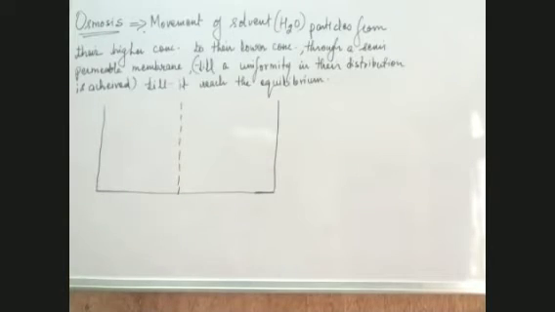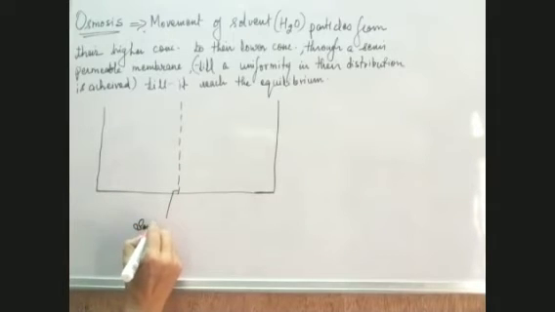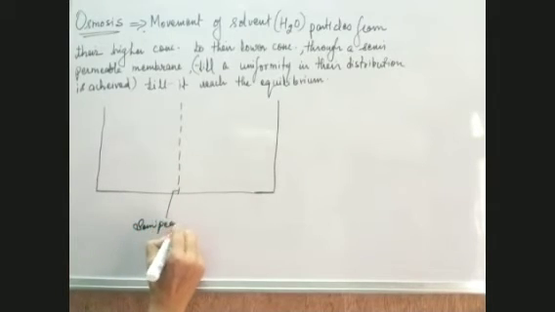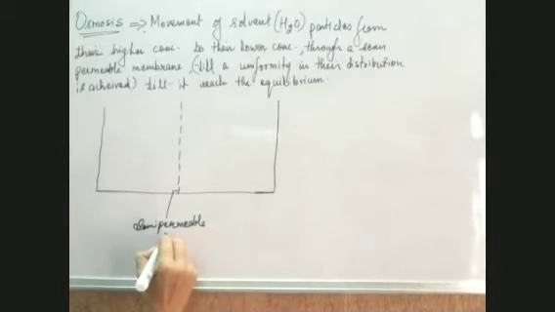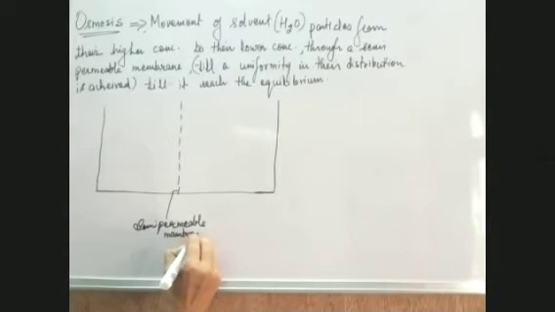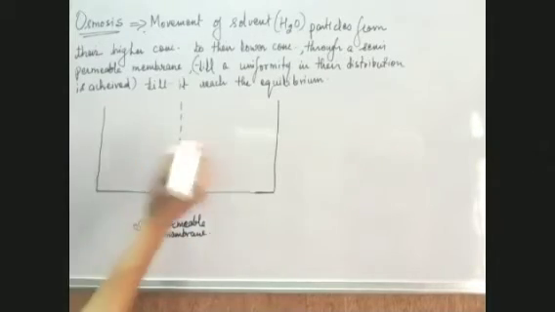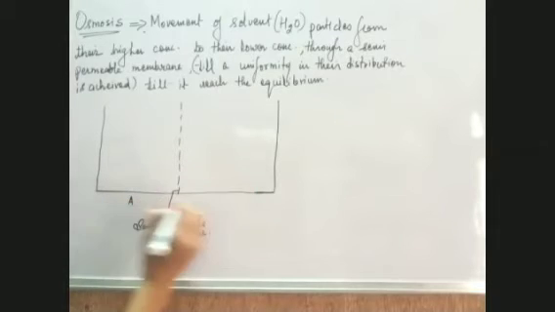This semi-permeable membrane divides this tumbler into two compartments, say A and B.